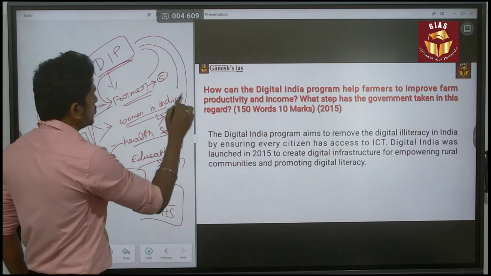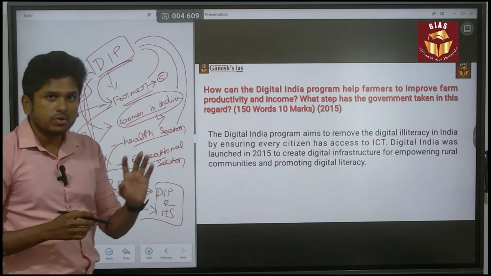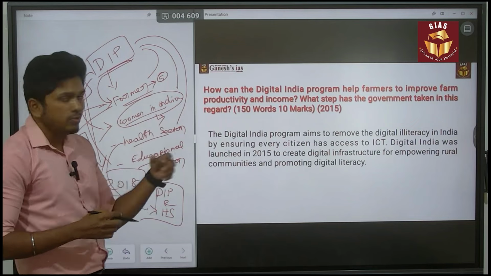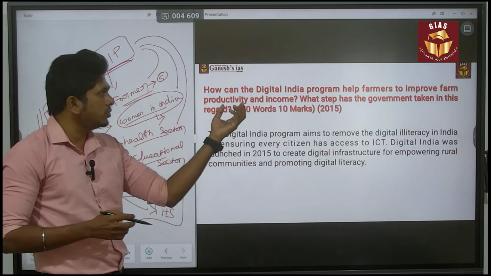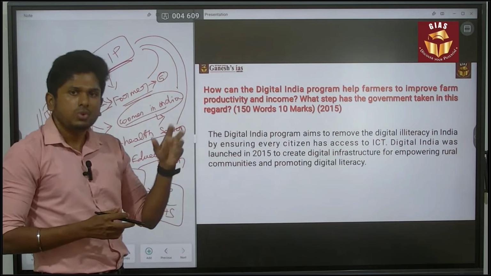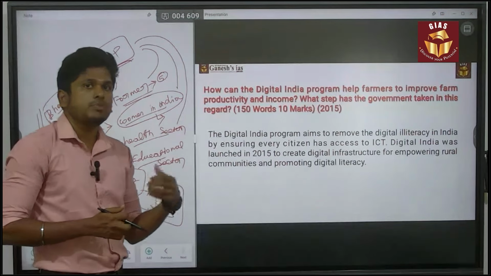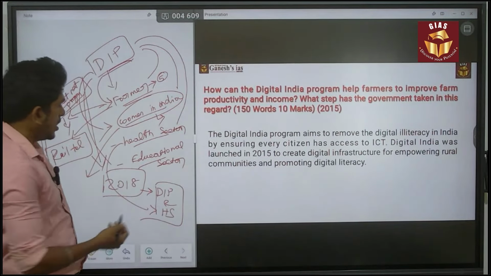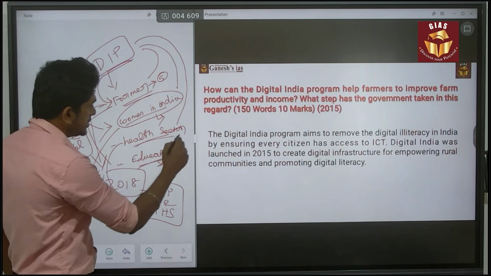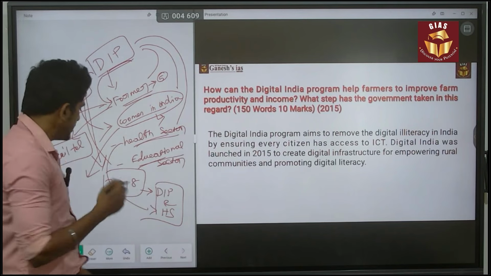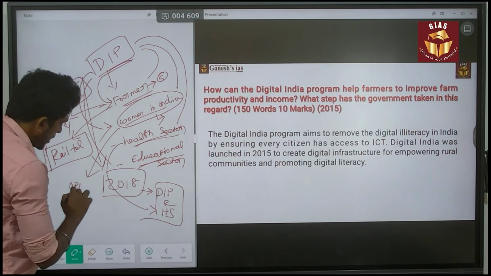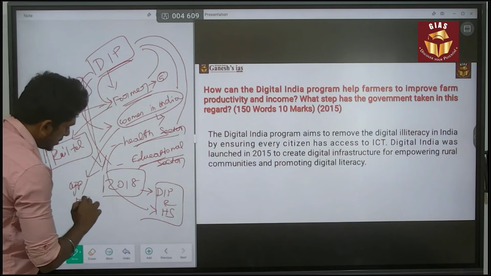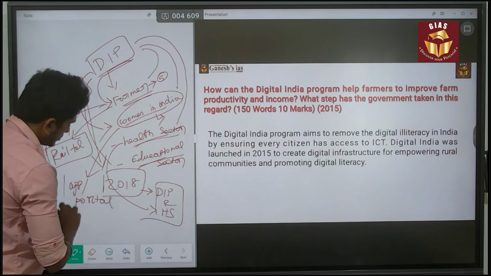And also when it comes to women in India, how is the Digital India program going to help women's empowerment? You have to think, prepare answers, and also find the schemes related to that. And also when it comes to the education sector and health sector, you have to get the data related to any app or portal related to that.